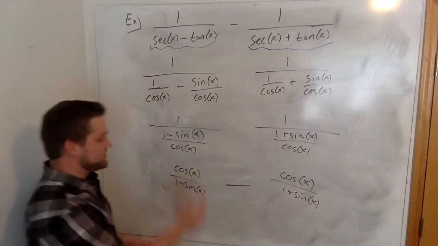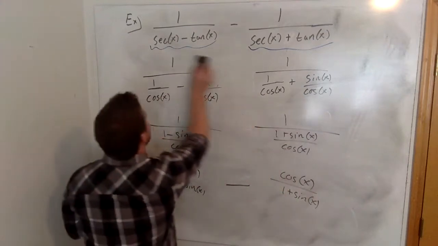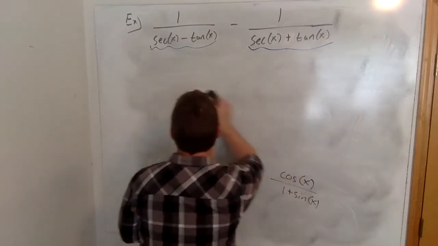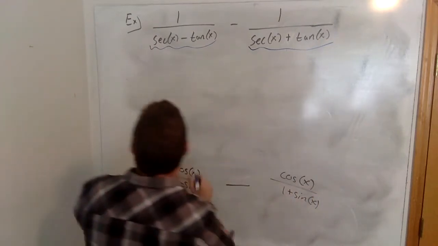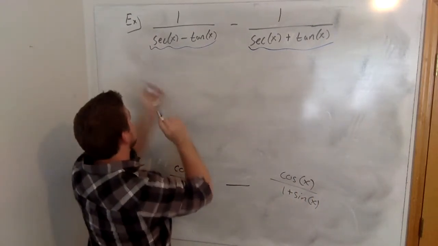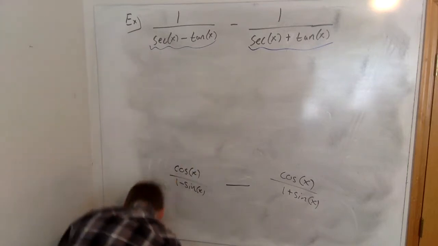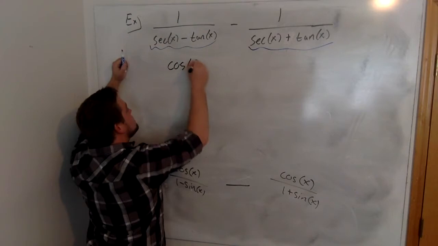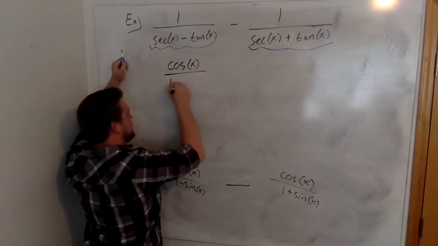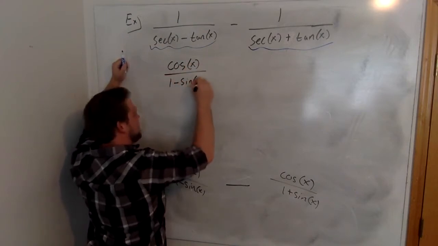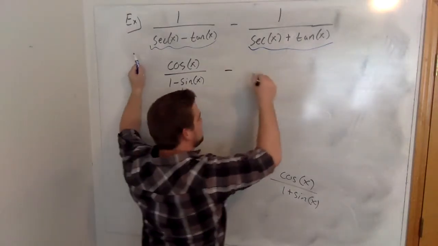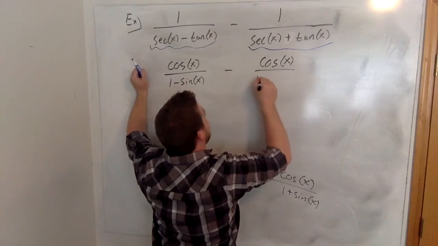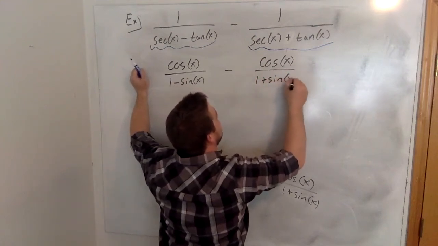So after a little bit of this work, what we have turns out to be the same thing as cosine of x over a 1 minus sine of x, minus, what do we have? We have a cosine of x over a 1 plus sine of x.